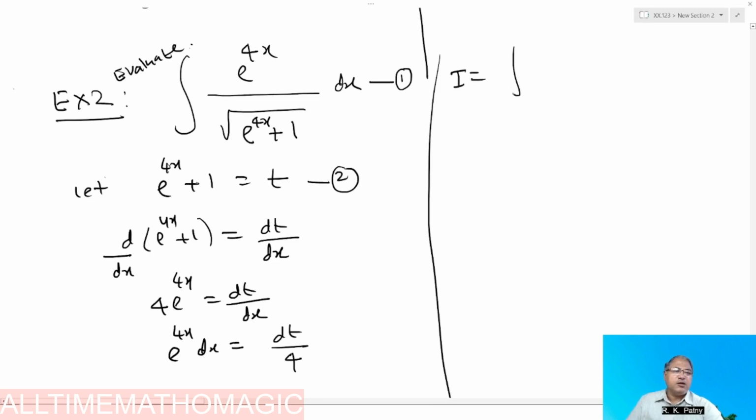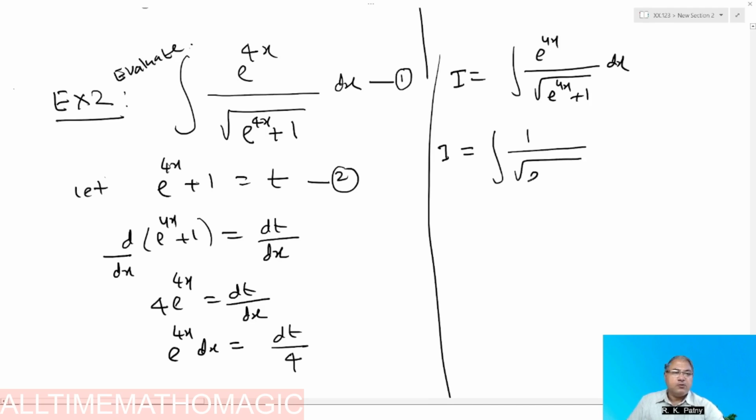The given question is integration of e raised to 4x upon root e raised to 4x plus 1 with respect to x. So the given question can be written as 1 upon root e raised to 4x plus 1 into e raised to 4x dx. Now e raised to 4x dx is equivalent to dt by 4, and let us call it equation number 3.